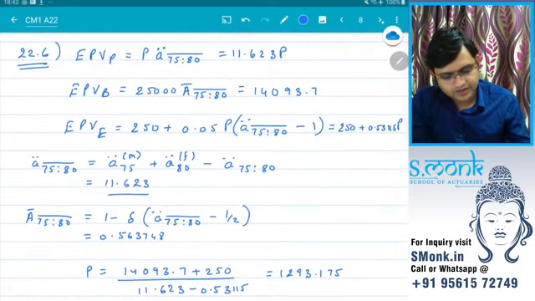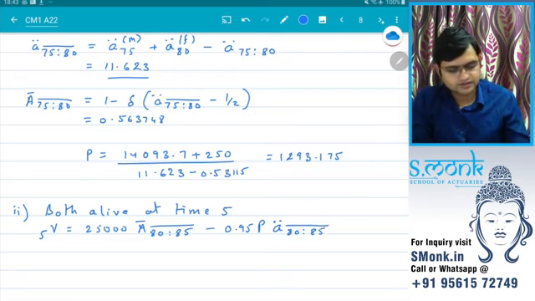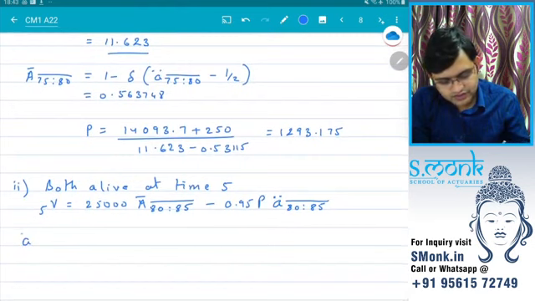Out of the expenses, the initial 250 is already gone, and then 5% of the premium, so we'll just directly subtract it from the premium: minus 0.95 P, since 95% of the premium is accessible, times a due 80, 85 bar. Let's calculate.